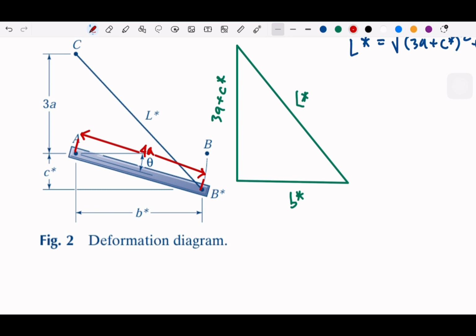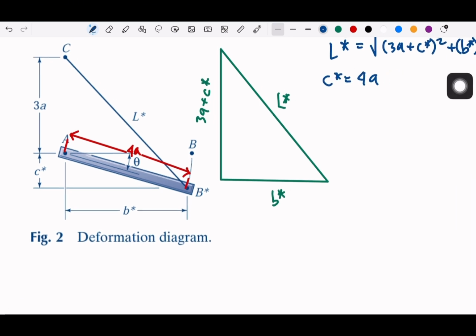So C is 4A sine theta, and B is 4A cosine theta.